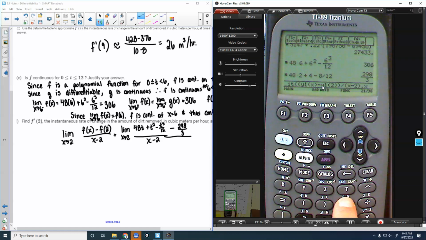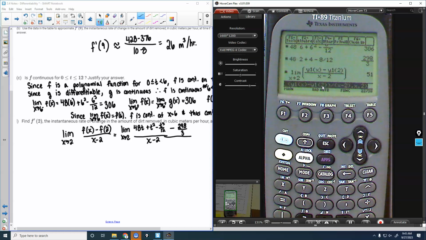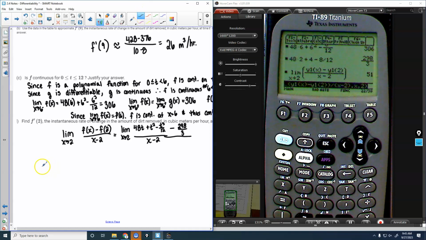I'll write this out here in a second because I know it's hard to see. And close your parentheses. So what I typed in, I did limit. It opens a parentheses automatically. I open another one.